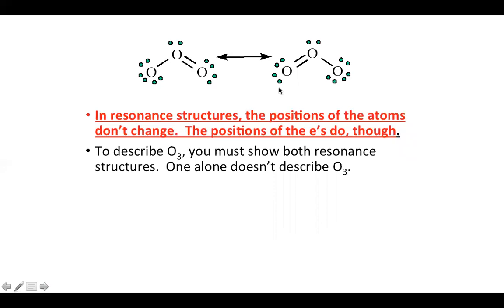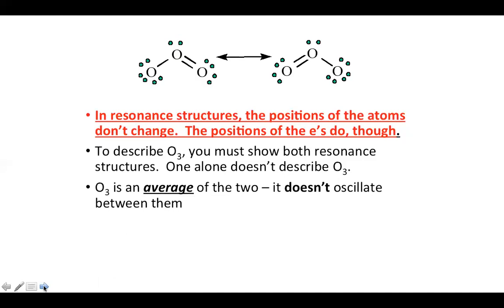Whereas in the right one, it's double bond and then single bond. So all we've done from the left to the right picture is switch the placement of that double bond, and one of those lone pairs, of course. But these atoms themselves aren't switching. So it's not that we flipped the molecule, all we did is move the electrons.